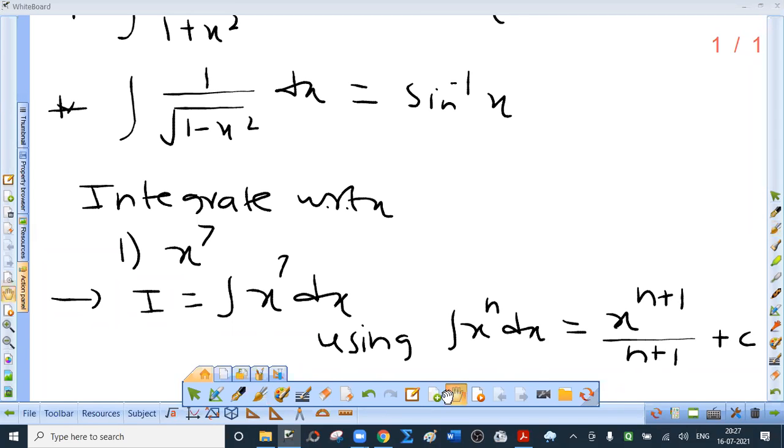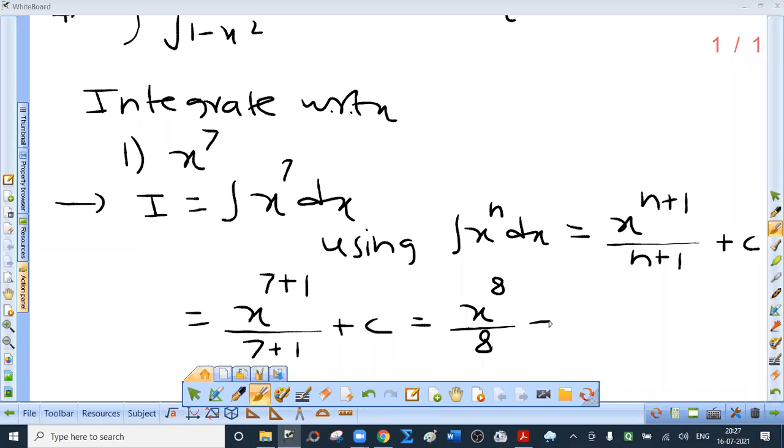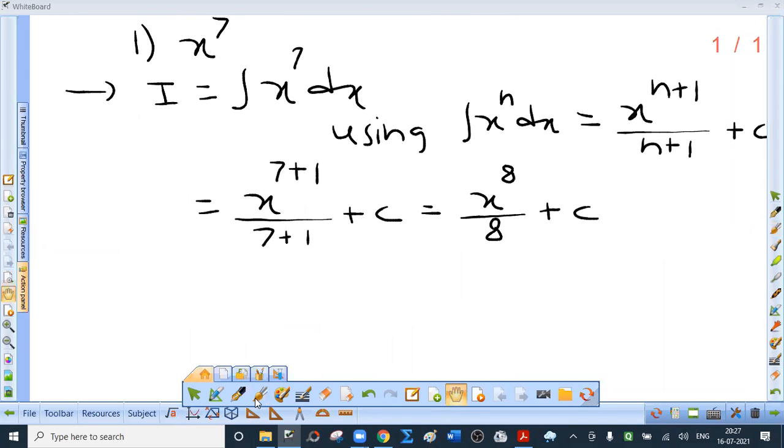So can you tell me what is the integral of this? It is nothing but x raised to 7 plus 1 upon 7 plus 1 plus c, that is x raised to 8 upon 8 plus c. So this is about integral of x raised to 7. Now type your answer in chat box.